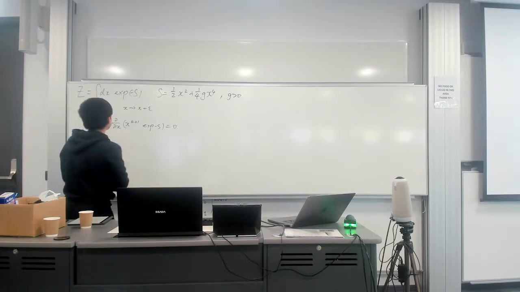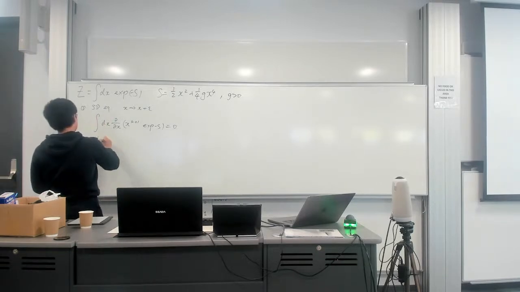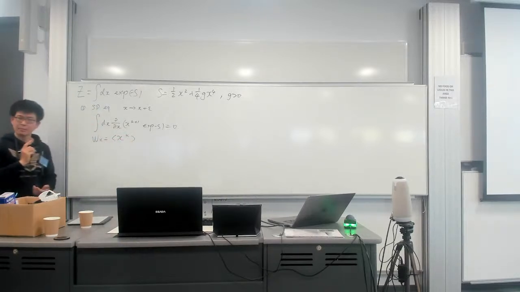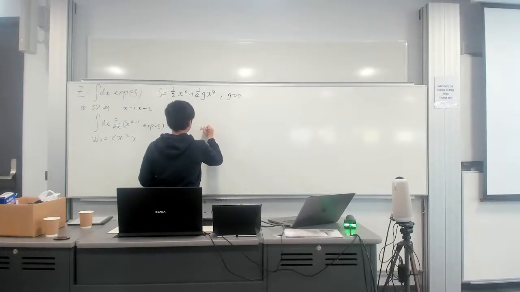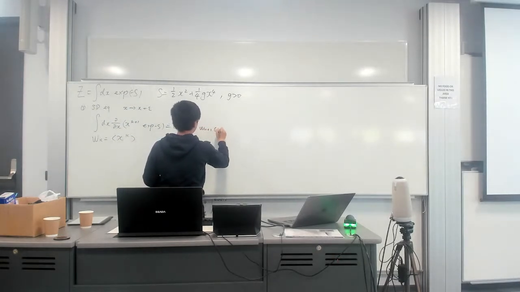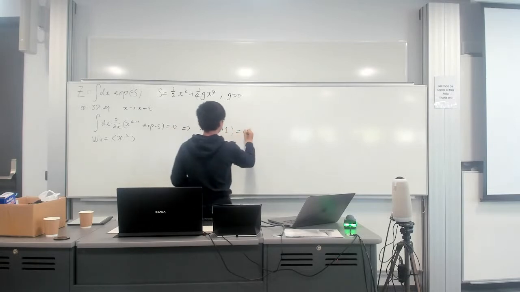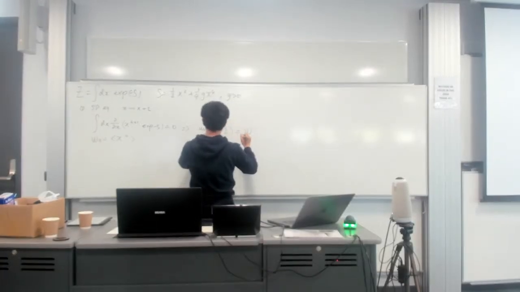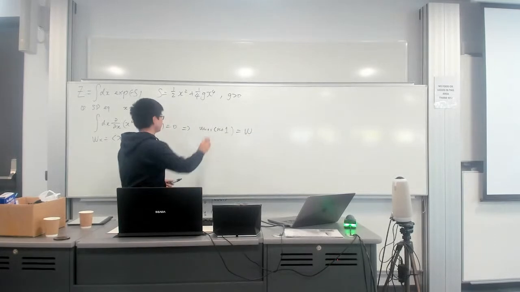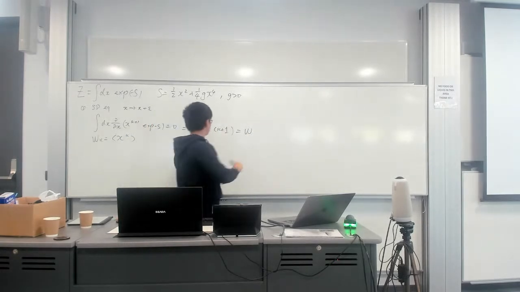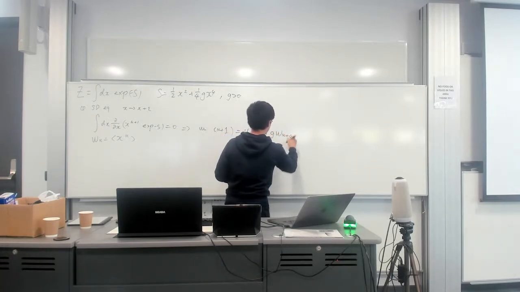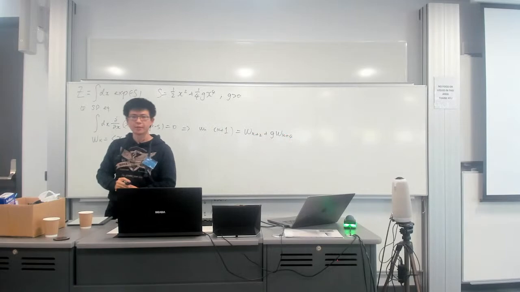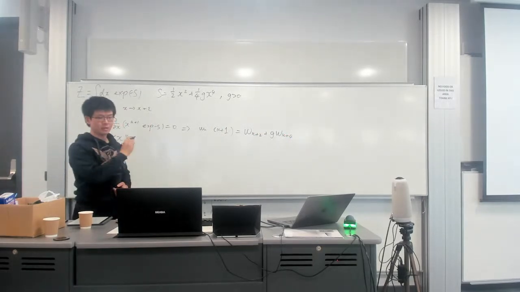What do we want to solve? Our goal is to solve the k-th moment under this partition function. So this is a recursion relation, and also the Schwinger-Dyson equation of this simplest model.